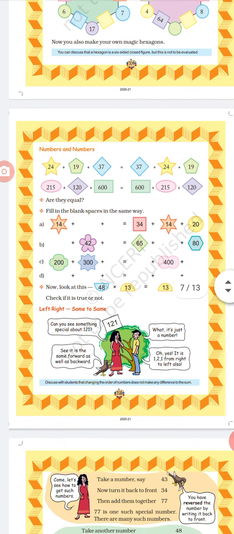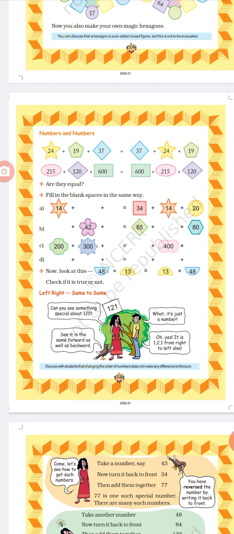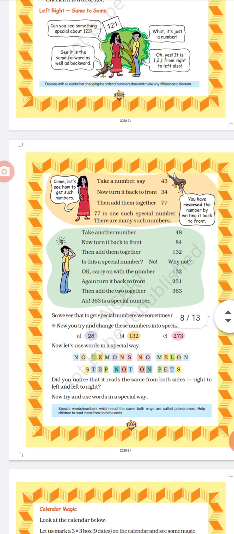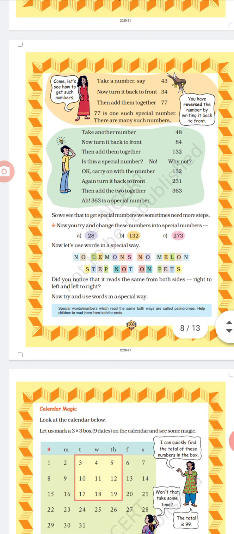In that, fill in the blank spaces in the same way. Then now look at this, you have to multiply and find the answer, whether it is true or not. This is your homework, third question. And the fourth question, now you can try and change this number into special numbers.